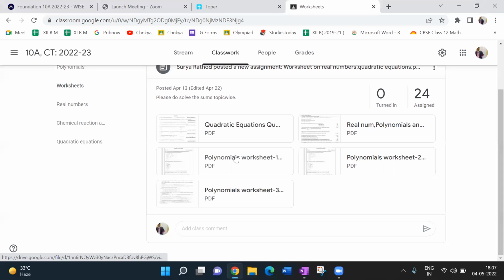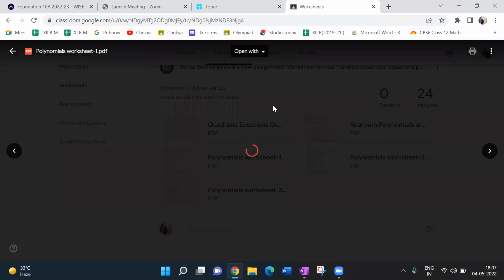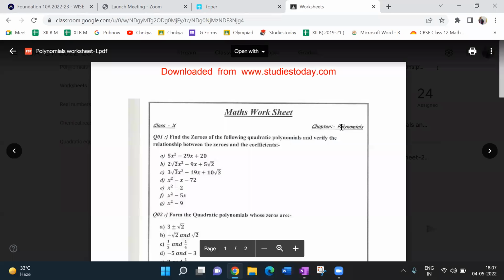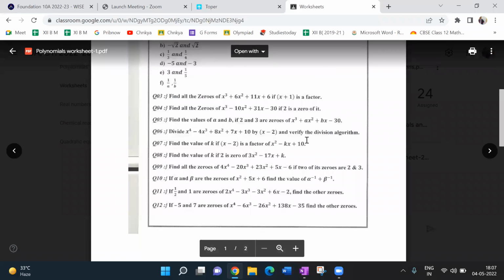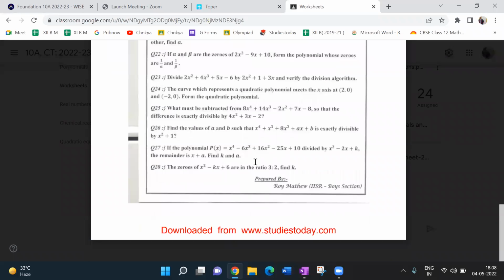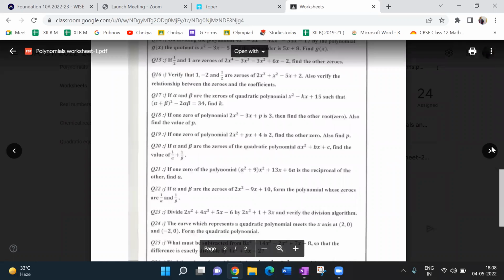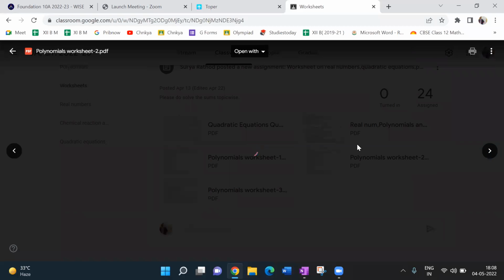If you open worksheet 1, you have multiple questions here. I request everyone to finish. All the questions are given to you. Worksheet 1 has 28 questions. I hope everyone has done worksheet 1.